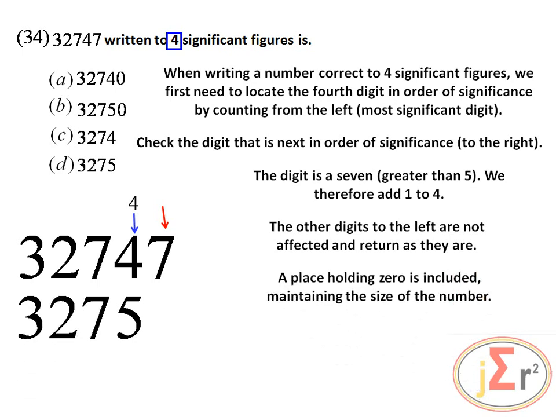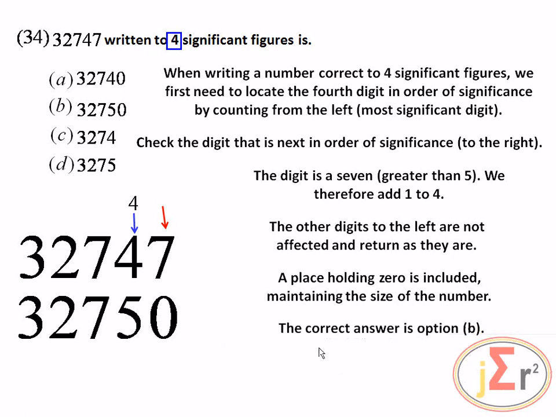A placeholding 0 is included, maintaining the size of the number. If we did not have this placeholding 0, we would have been 1 place value short, which will turn out to be significant.